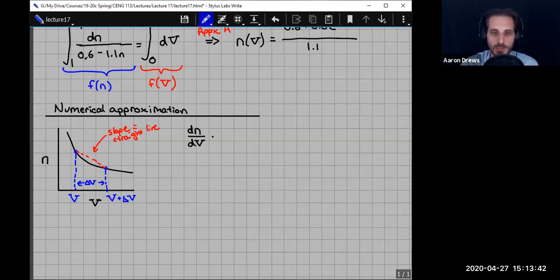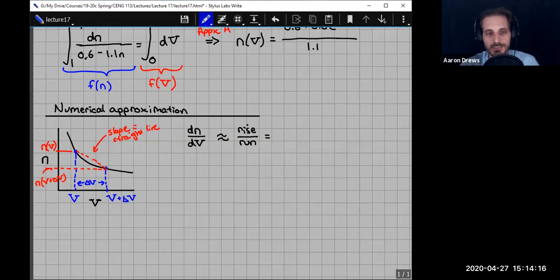over the region that we're interested in, we can say this is approximately equal to the rise over the run for the little chunk that we've described here, right? That's the definition of slope. The rise that we've got is the value of n evaluated at v versus this point down here, which is n of v plus delta v.